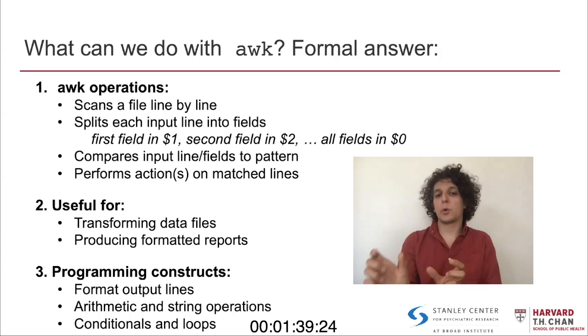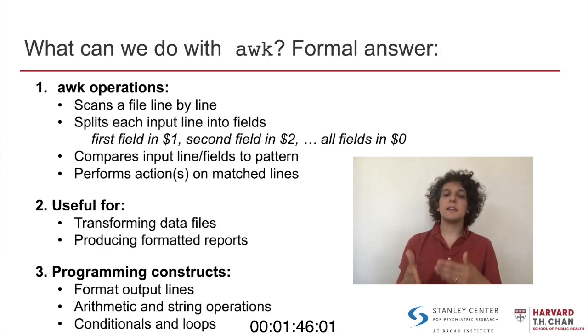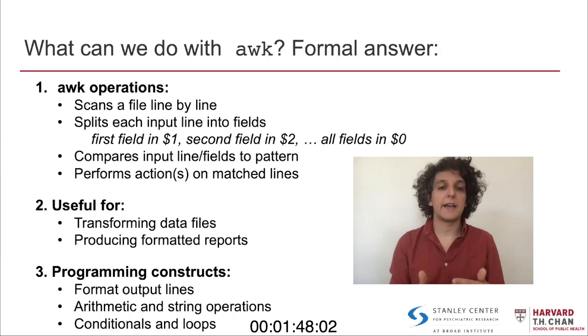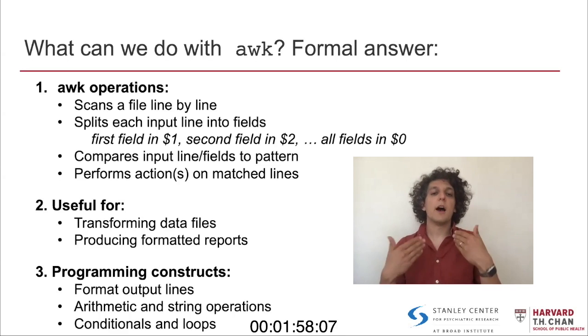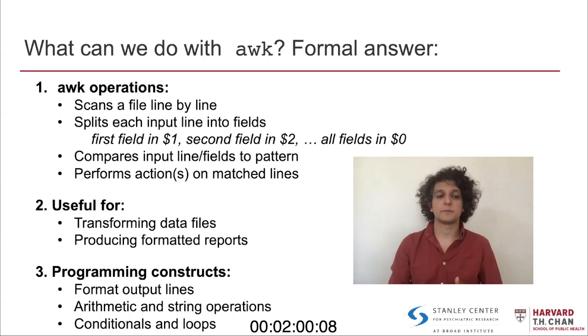Similarly, the second word will be stored in the variable $2, and so on. Then it can compare input lines or fields to some patterns. For example, we can test if the second column is different from some number. And it can perform actions on matched lines.